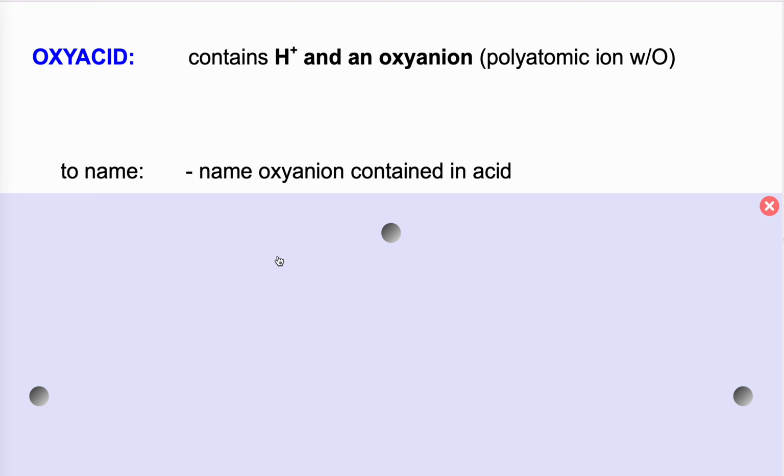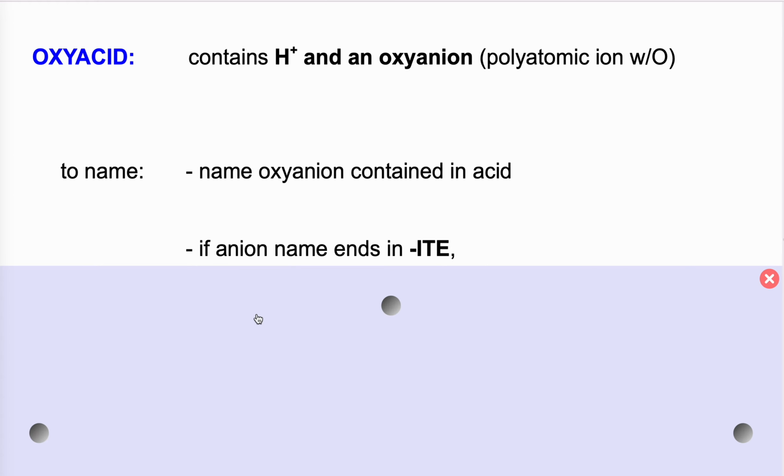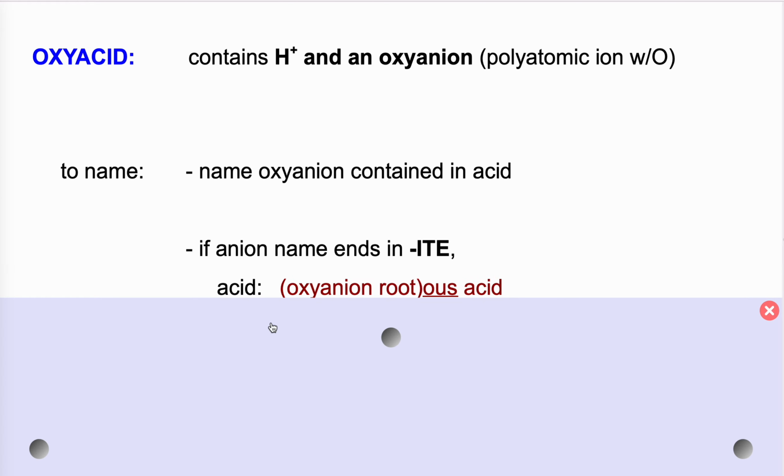Now, to name an oxyacid, we first have to identify and name the oxyanion that's contained within the acid. If the name of the oxyanion ends in "ite," we name the acid by taking the root of the name of the oxyanion, adding the suffix "ous," O-U-S, followed by the word acid.